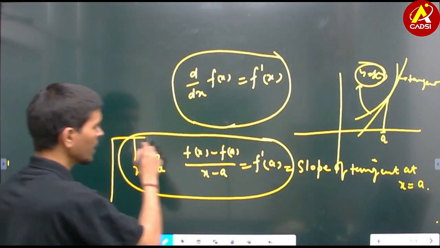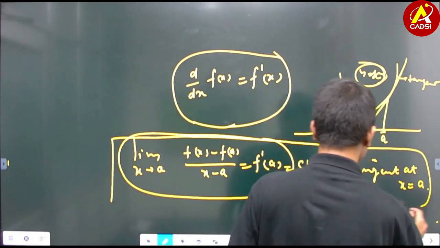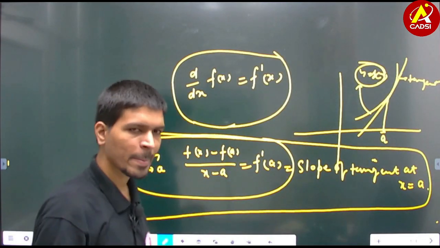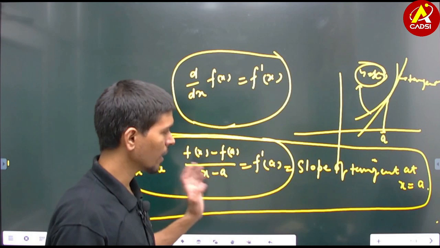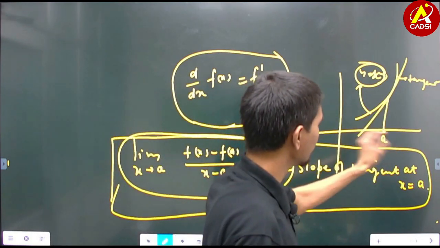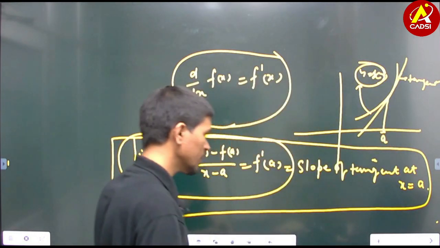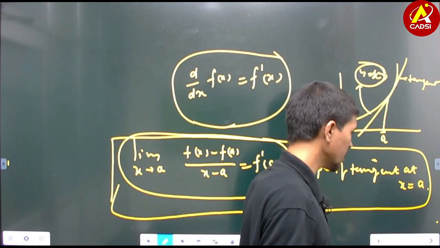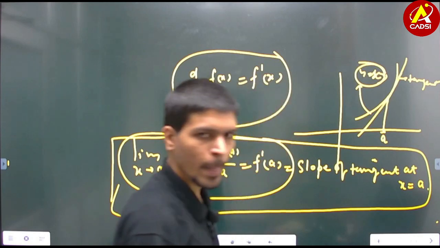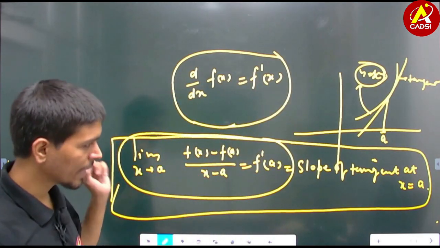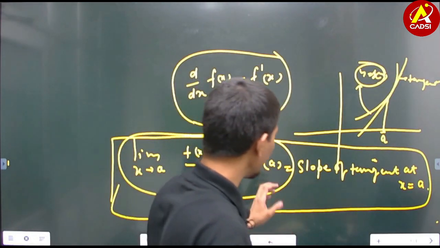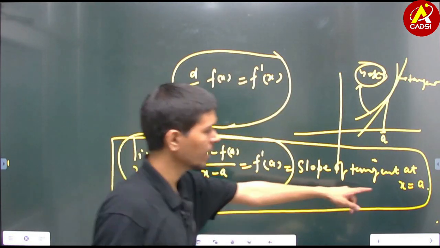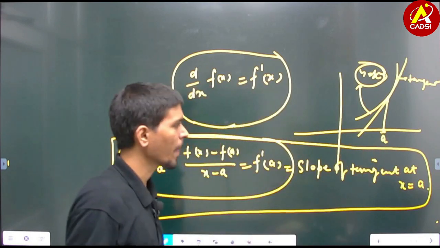This is the interpretation of the differentiability of a function at a particular point. This is the slope of the tangent at this point. We have to check that the function is differentiable at this point. Slope of the tangent means the derivative of a function at a particular point, and I am just talking about this point.